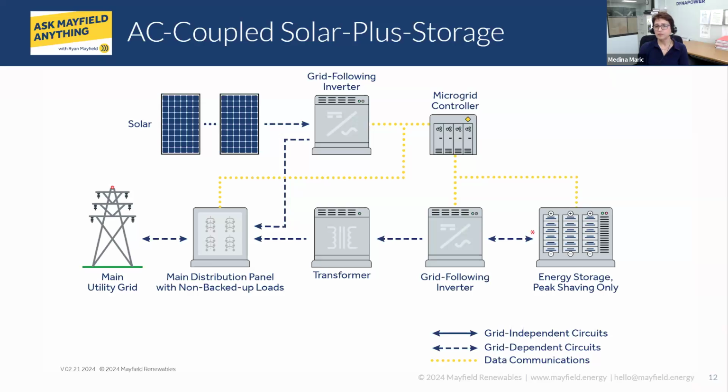So grid following inverters do not require the transformers because they're directly on the grid, and those solar PV systems will have to be compatible with the grid and grid requirements, and they go through all kinds of verification, testing, and certifications.